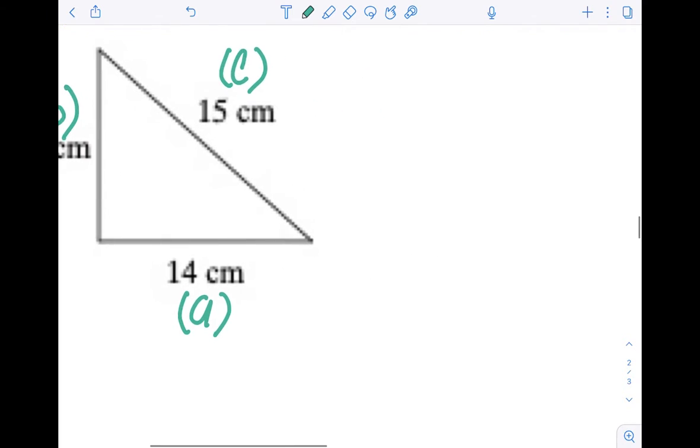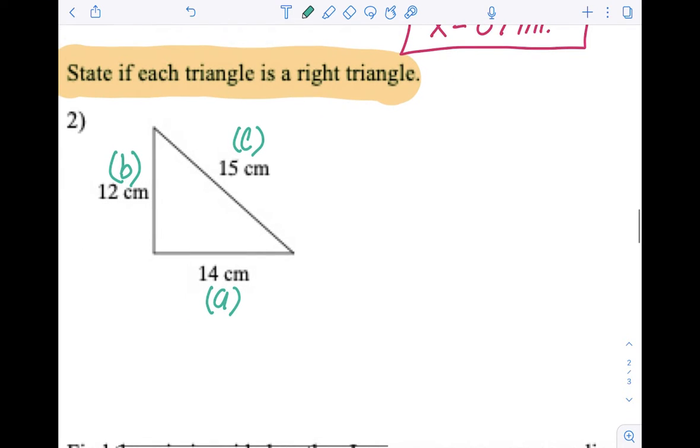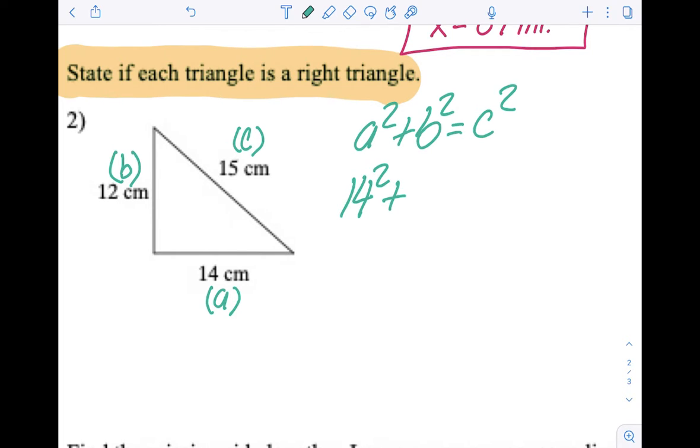So the Pythagorean theorem says A squared plus B squared equals C squared. So I'm going to substitute. A is 14 squared plus B is 12 squared equals C is 15 squared.